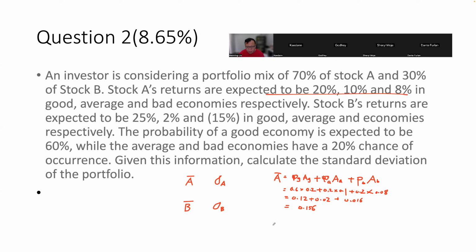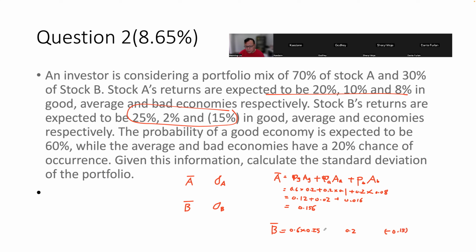And B, what is B? B equals a similar idea. The probability is the same, but the returns are different. So this time we use 0.25 and negative 0.15.